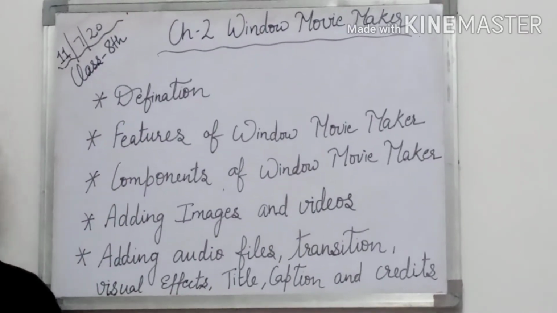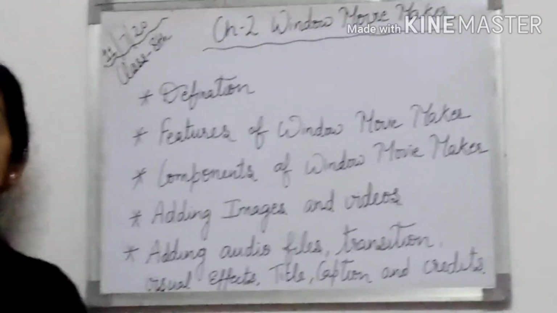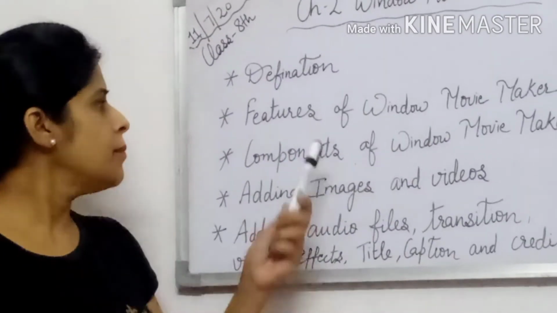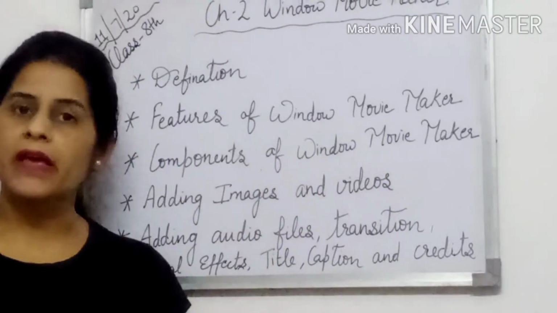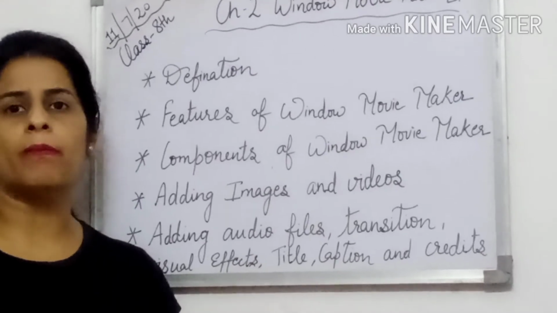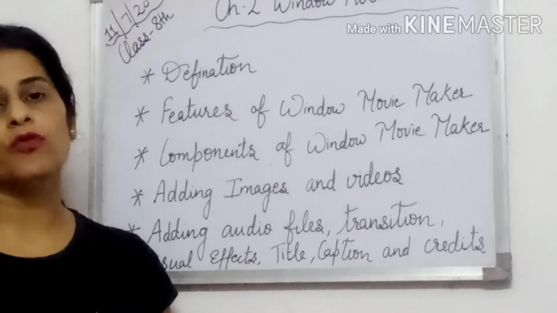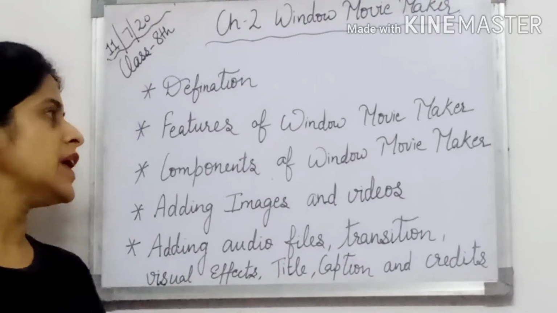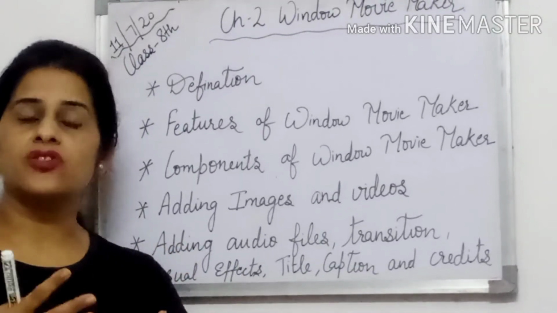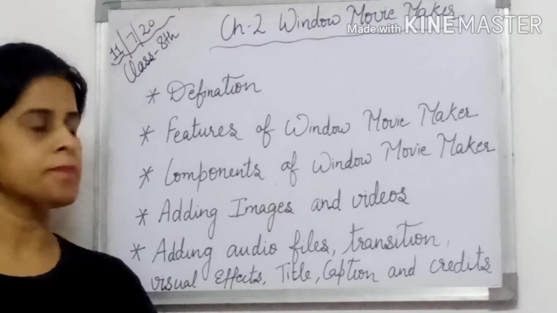It was a video editing software in which we can edit pictures and videos. We also covered its features: it is user friendly, it can give a low resolution preview so that it is more effective software, and you can extract the audio from the video. Such features I told you about in yesterday's lecture.